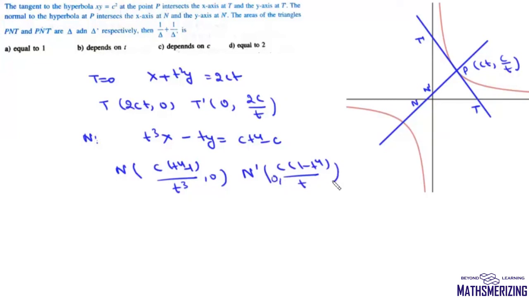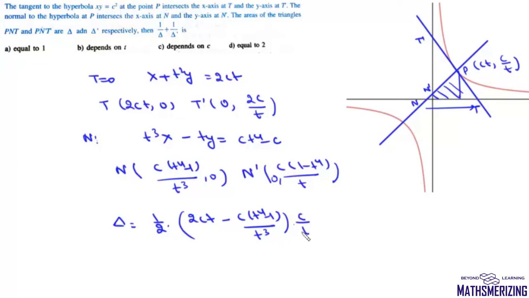Now we need to find the area of these two triangles, PNT and PN'T'. So delta will be 1 by 2 into base, where the base is T minus N. So T minus N will be 2ct minus c(t to the power 4 minus 1) upon t cube, into this height, which is c upon t.